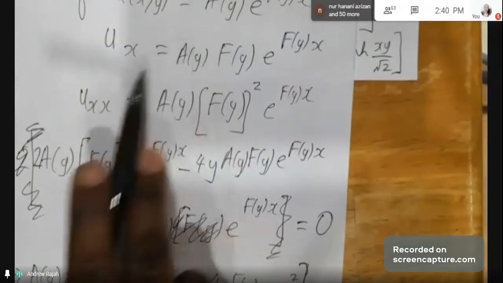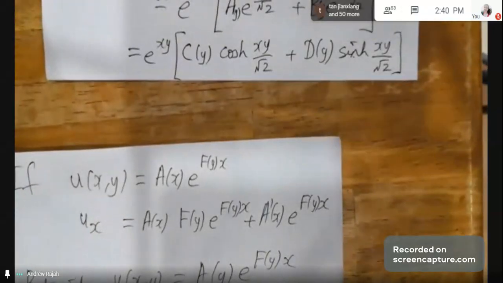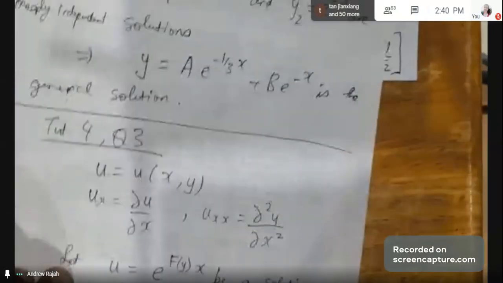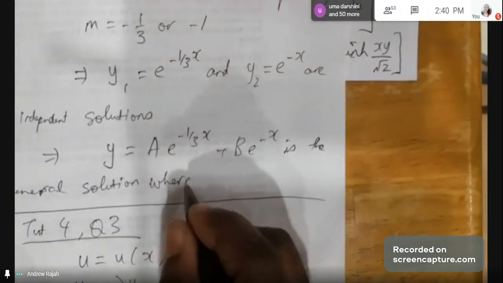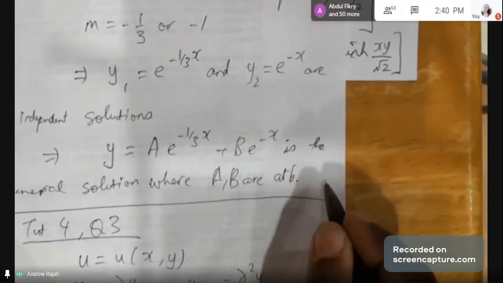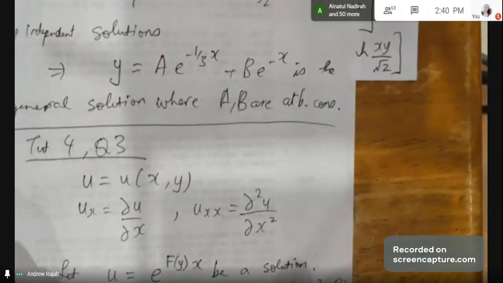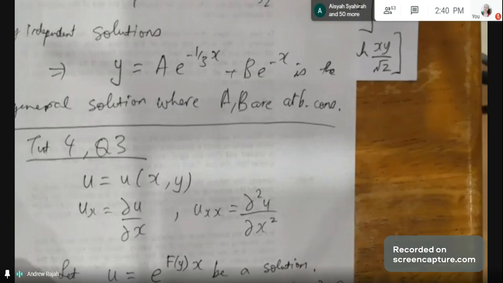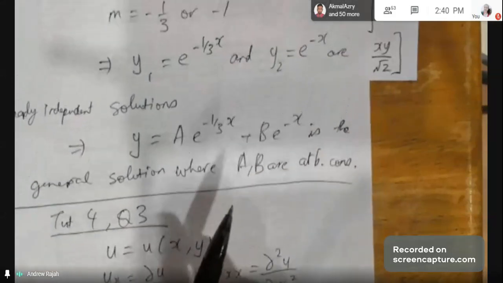So that's the reason why it is A(y). The background concept is that for ordinary differential equations, A and B are arbitrary constants.